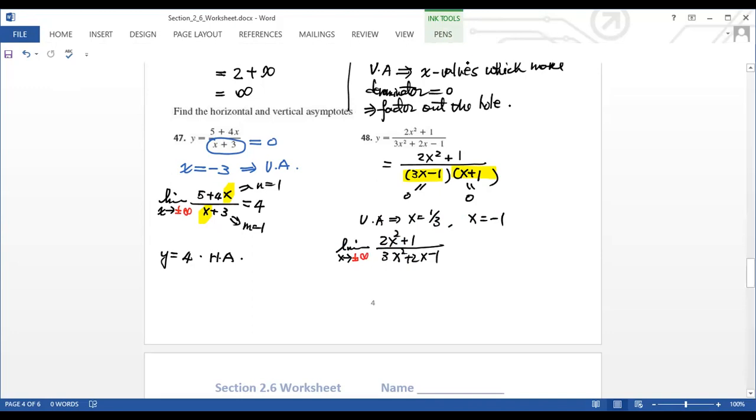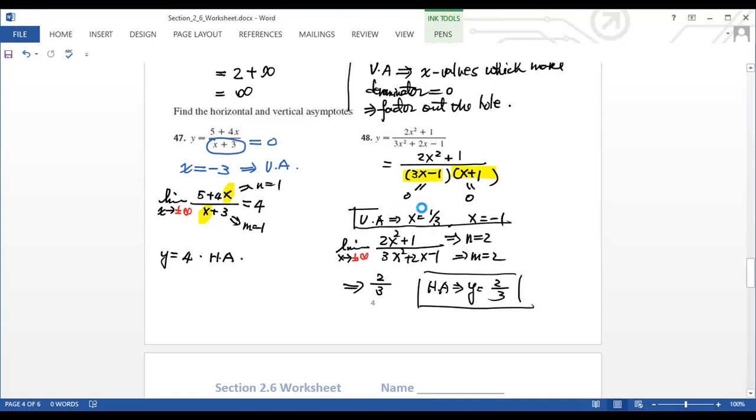Then you compare the exponents. Here n is equal to 2, and m is equal to 2 also. So what is the answer? The limit is 2/3, just the constants in front. So my horizontal asymptote is y equals 2/3.